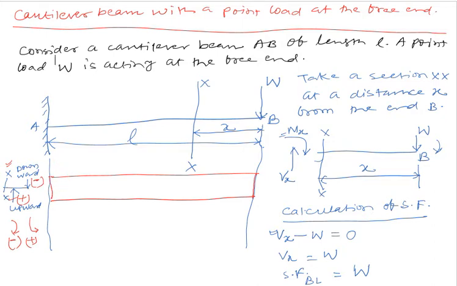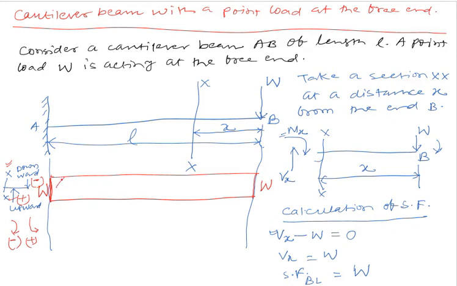And in case of point load, the shear force becomes a rectangle, correct? It continues till A. Here it is W, and there is no other force, so it will continue till A. Here also W, shear force.